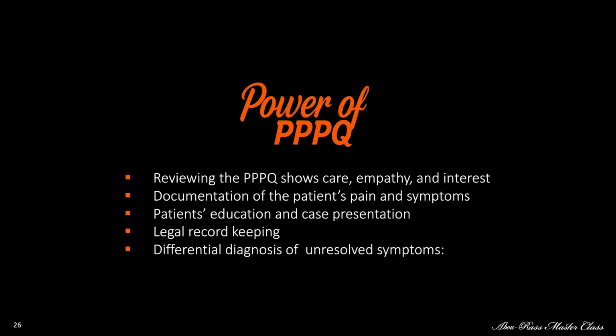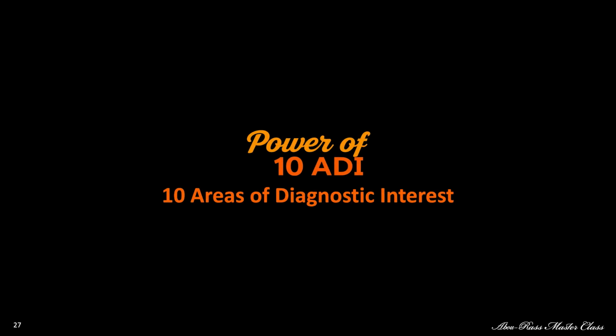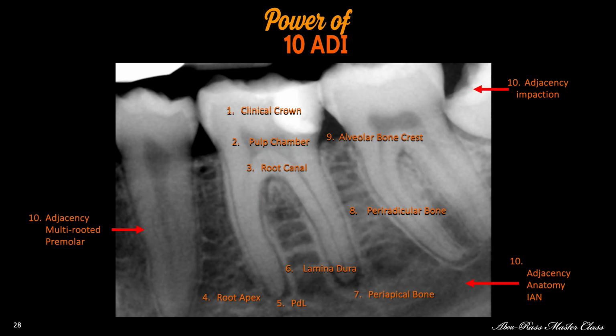So in the presentation, you have so many advantages. I'm not going to read them, but they are for you for record. And we go into the power of 10 AD, 10 areas of diagnostic interest. In this presentation, you will have 10 landmarks in the periapical radiographs which provide you with a system for interpreting x-rays, going from the crown down to the apex, up again to the alveolar bone and adjacent teeth.